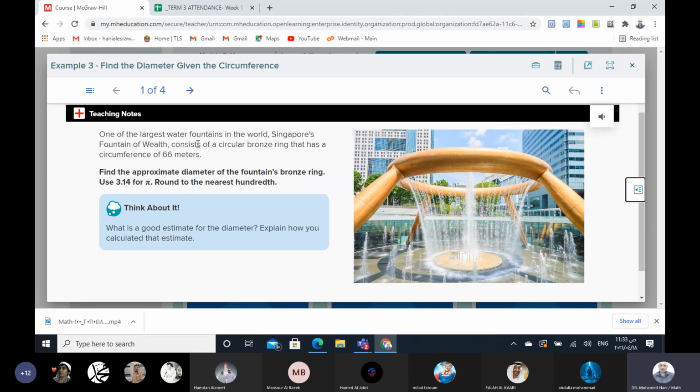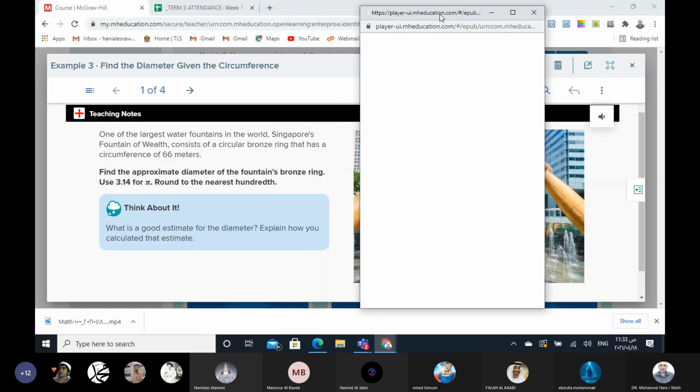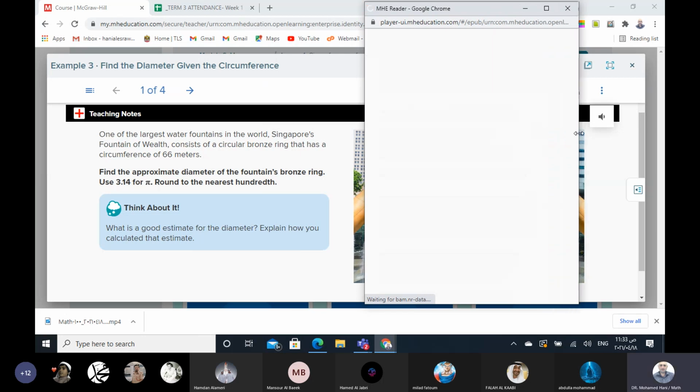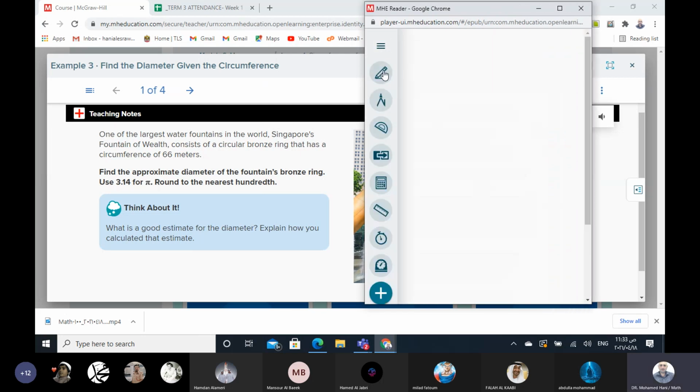One of the largest water fountains in the world. As you see here, we have a circle. It consists of a circular bronze ring that has a circumference of 66 meters. So the information now: C, the circumference, equals 66 meters.